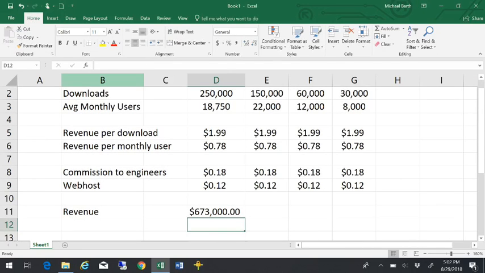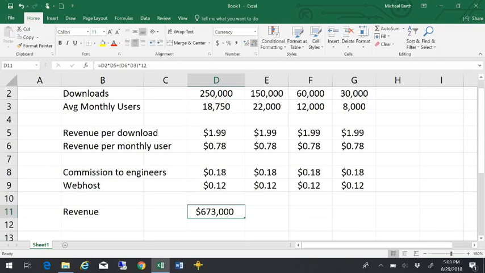Okay, so there's my grand total revenue that we're expecting the first year. By the way, if you go through here and do one column, it makes it easier because all the numbers are going to stay the same going over.